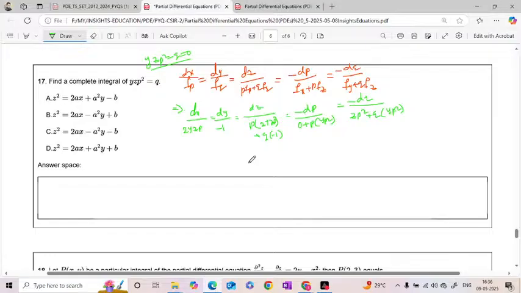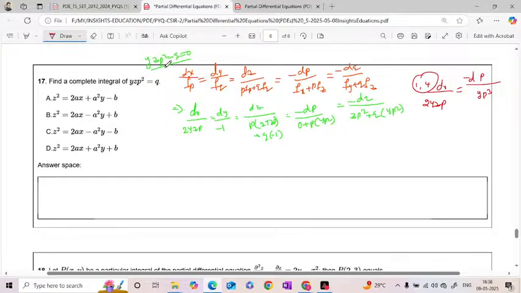Now which combination is suitable for solving this current problem? So 1 and 4 is suitable. From the 1 4 situation, dx by 2yzp is equal to, that means fp is 2yzp, and minus dp by y p cube.